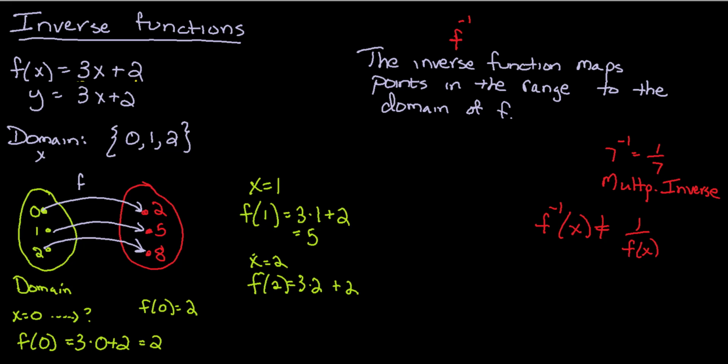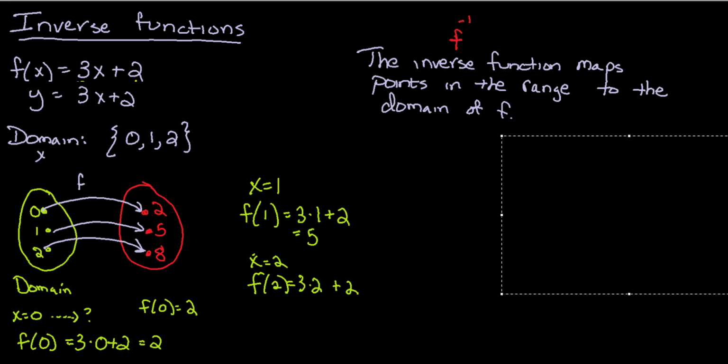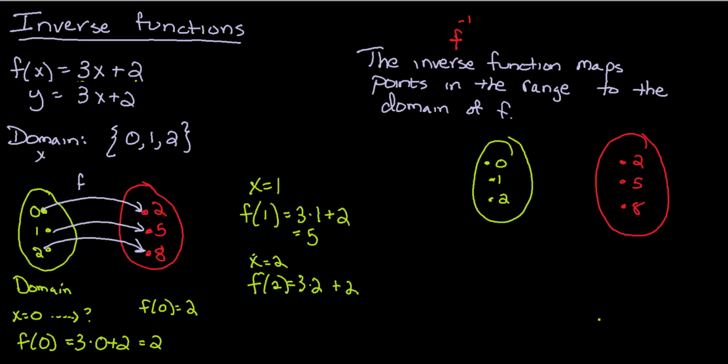Let me draw a picture. The inverse function is going to take elements from my range, like 2, and go backwards to the pre-image. So f inverse, the backwards or inverse image of 2, gives me 0.